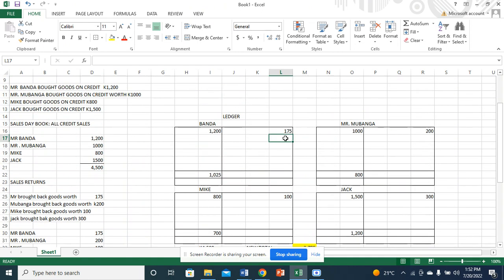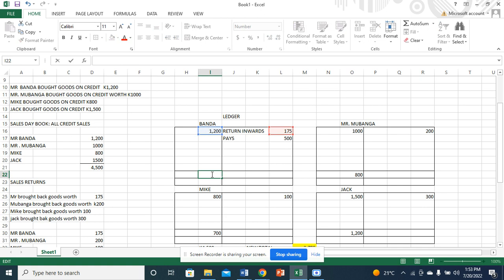He's paid 500. This was a return invoice. Now let's find out how much he's owing in total, because he's now paid 500.